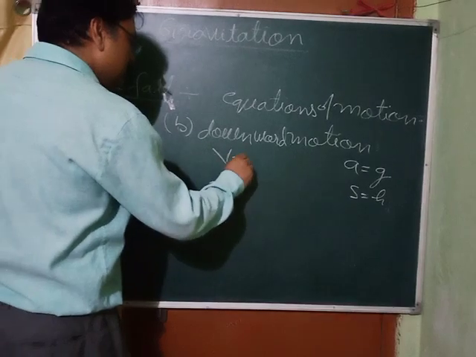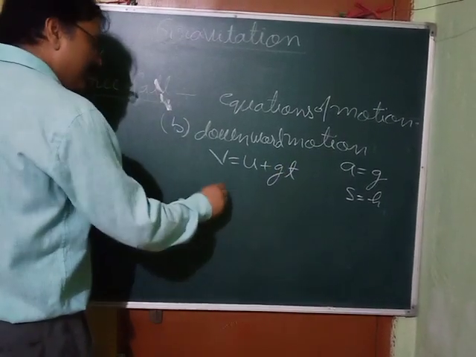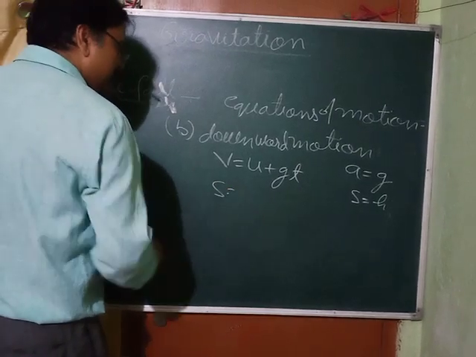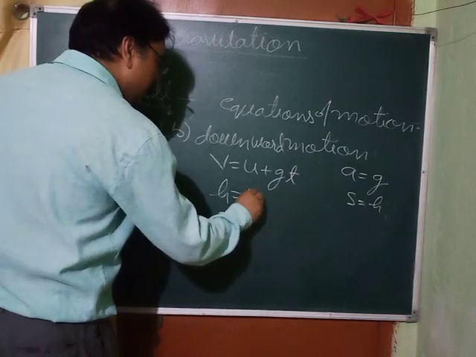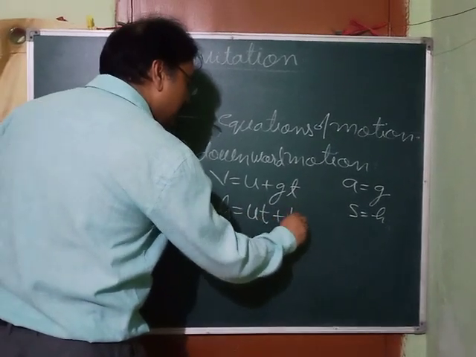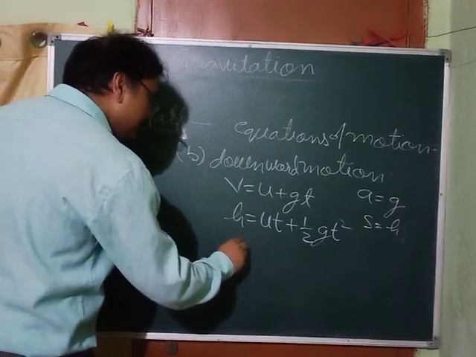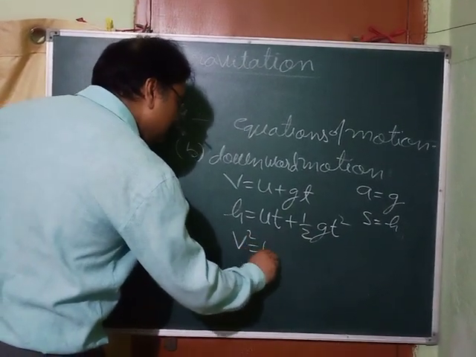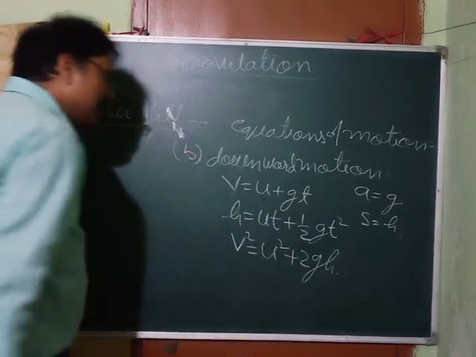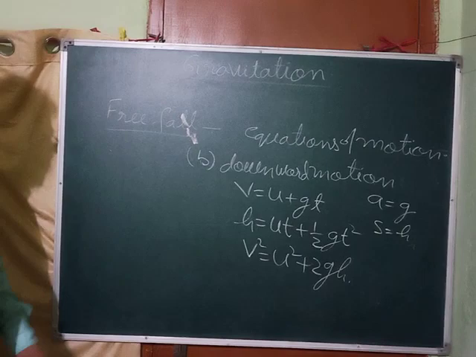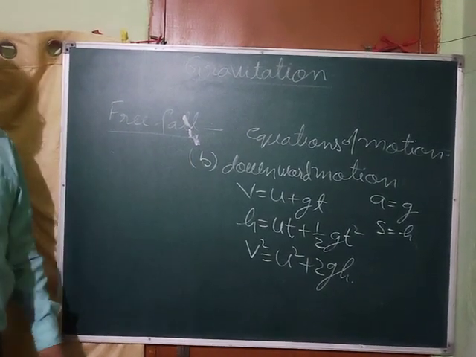So v = u + gt. Next one is s, no, h. h = ut + half gt square. And next one is v square = u square + 2gh. Okay, it was minus 2gh in that one. In this one it is plus 2gh. Okay, this is for downward motion.